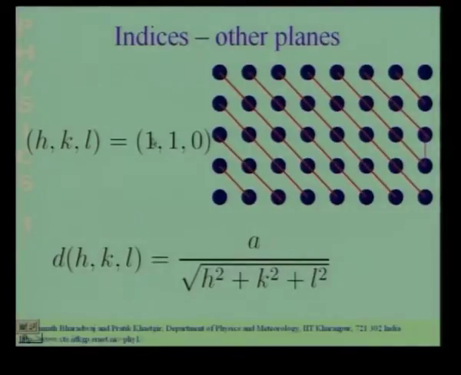For different values of the Miller indices, I will get different planes through this solid, and different integers will give you different planes.